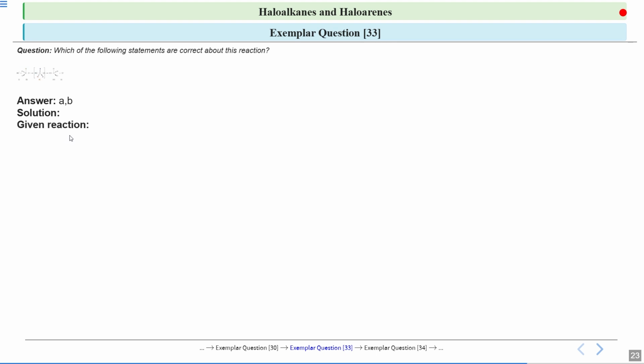If you see the given reaction, the hydroxyl ion nucleophile is attacking the haloalkane, that is chloromethane. You can see this configuration: the chlorine is attached to this carbon, and the hydroxyl ion, the nucleophile, will attack this carbon from the side opposite to the carbon-chlorine bond.